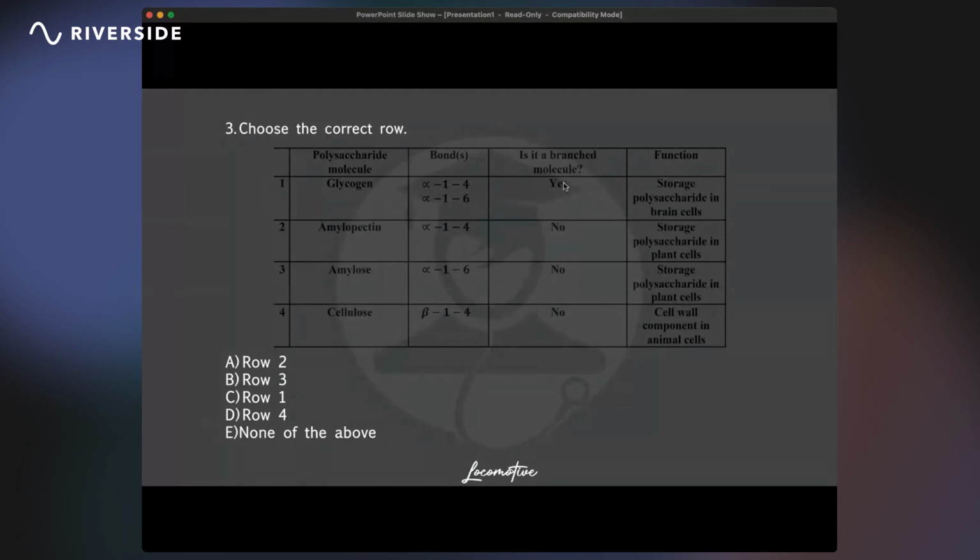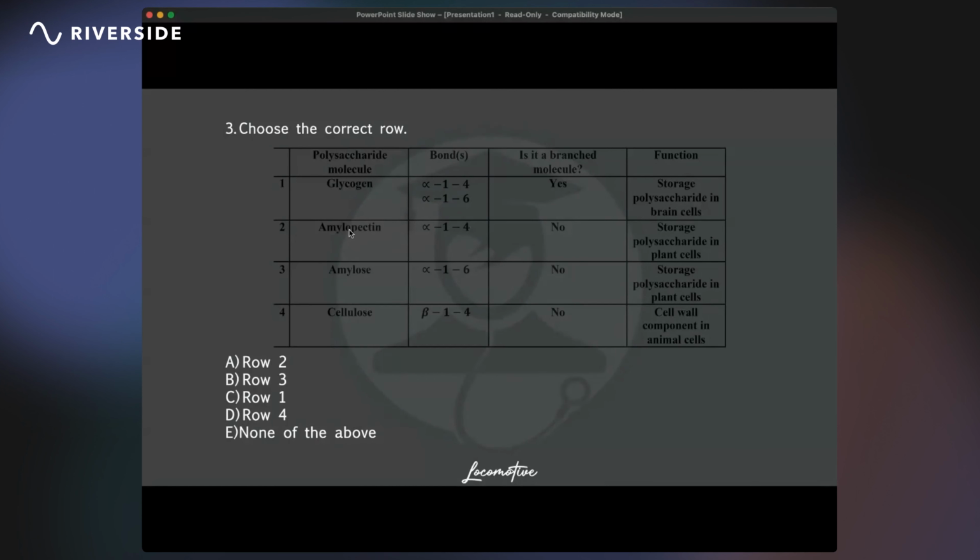Is it a branched molecule? Yes. And the bonds are alpha 1,4 and alpha 1,6. Right now, we know how to imagine alpha 1,4 in our mind. Alpha is the type of the glucose, and 1,4 is the direction. Alpha is the type, and 1,6 is the direction.